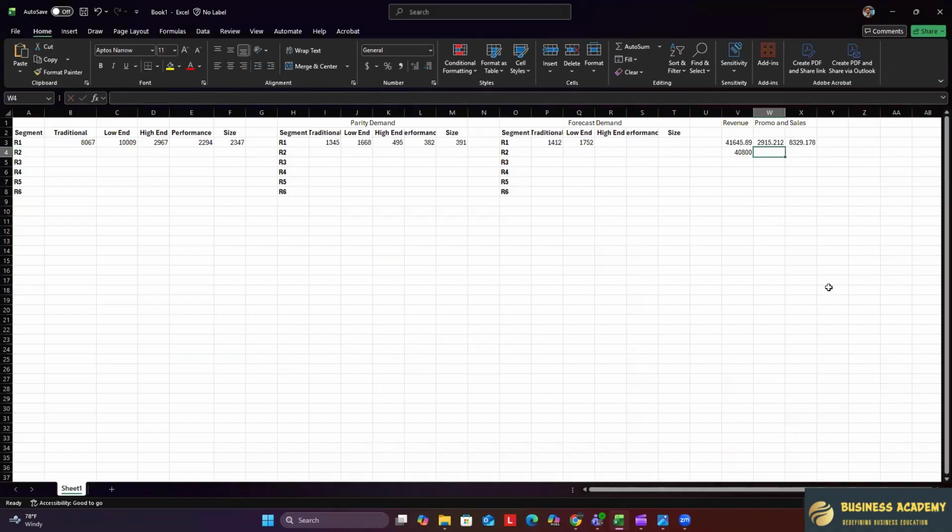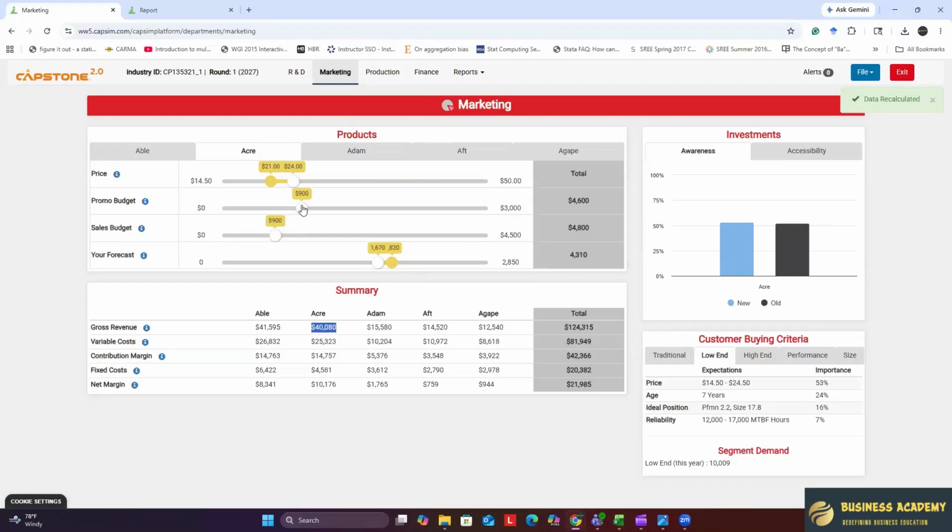And my promo budget, let's assume I'm spending about 7% of this. 20% of this is the maximum of my SG&A expenses, not promo and sales. So 2856, so approximately about 3,000 is what I could still spend. So let's assume that I spend about 1,500 on this.